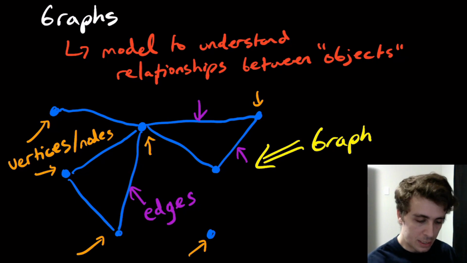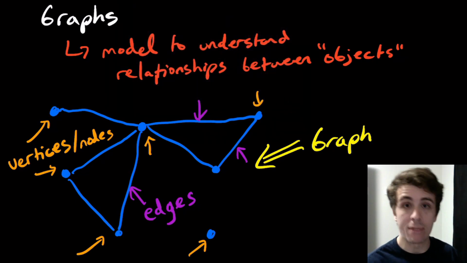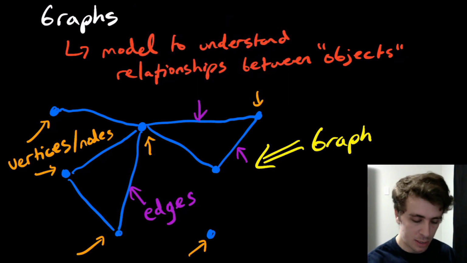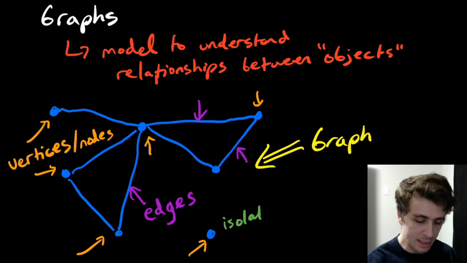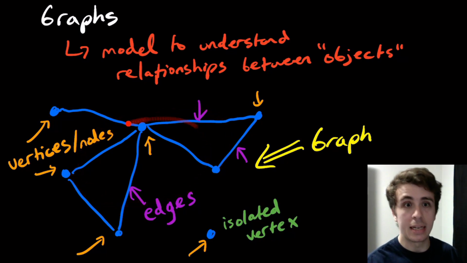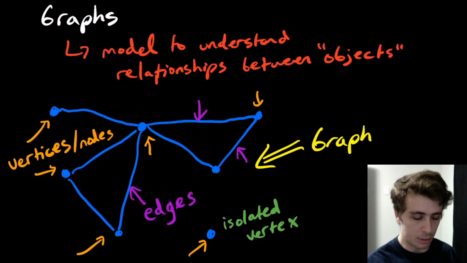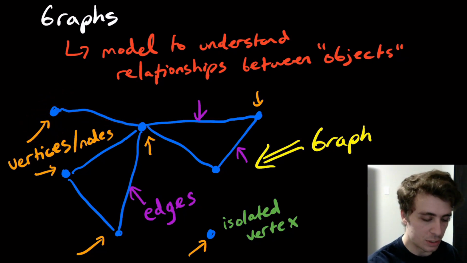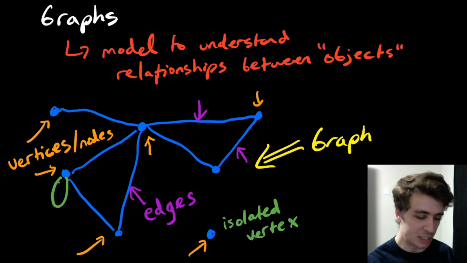Down here at the bottom, where we have a vertex with nothing connected to it, this is called an isolated vertex. So this is the graph right here: a bunch of vertices and edges connecting them. We could think about a graph that has a vertex connected to itself.